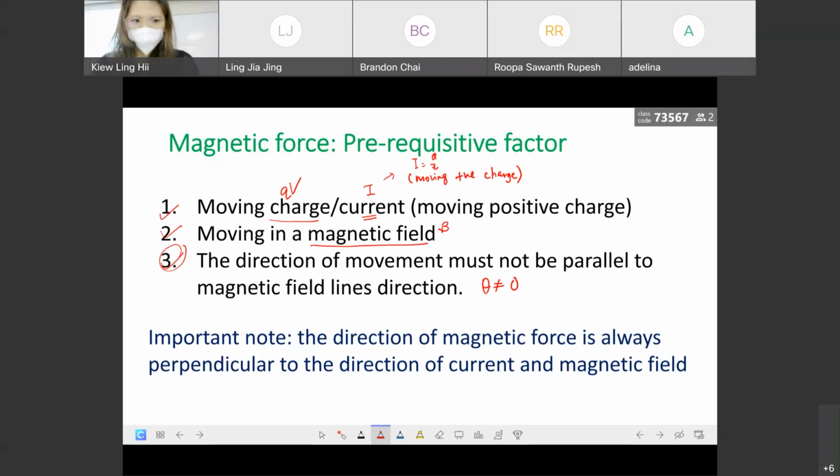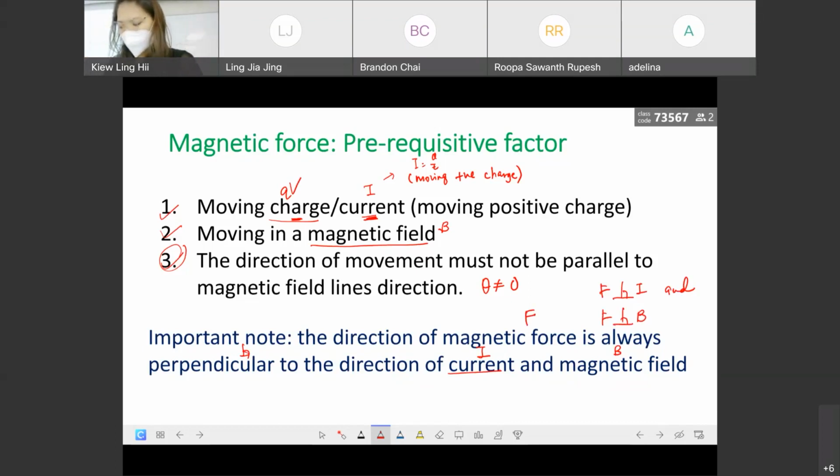So these are the three requirements that must be met in order for a charge or a current carrying wire to experience magnetic force.